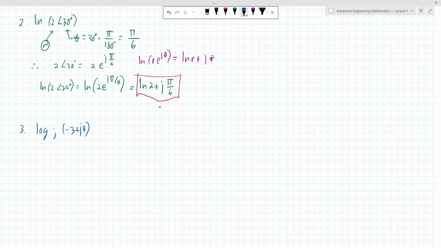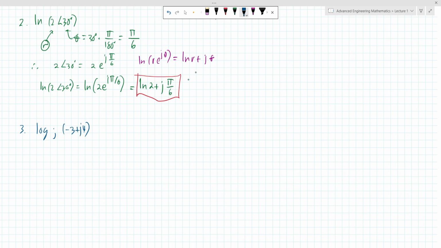It only involves the natural log of the r plus j the angle. So if you want to write this expression, you will use base e.